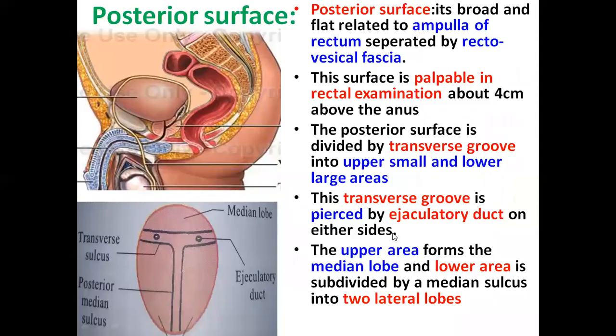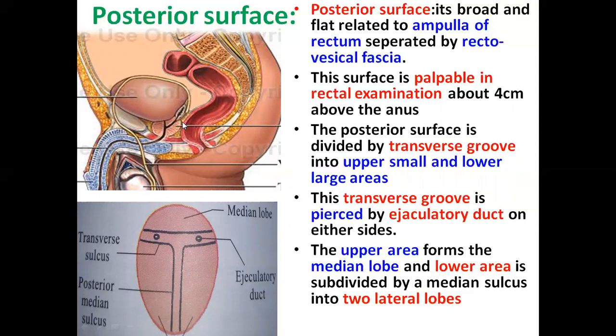Okay, now you can see. Coming to the posterior surface, this is the urinary bladder, the neck, this is the prostate gland, the rectum, continuing as the anal canal. Between the prostate gland and rectum, the surface we are finding is the posterior surface, which is broad and flat, and it is related to this bulge of the rectum, called the ampulla of the rectum.